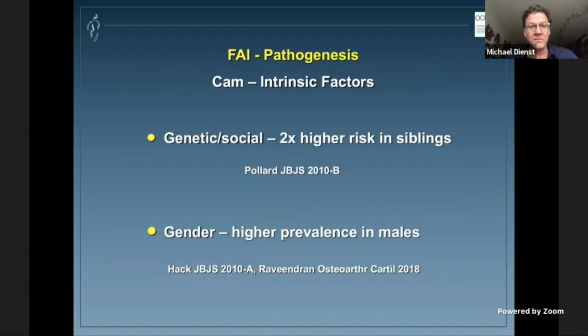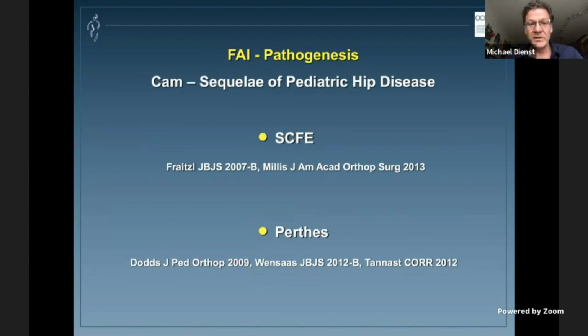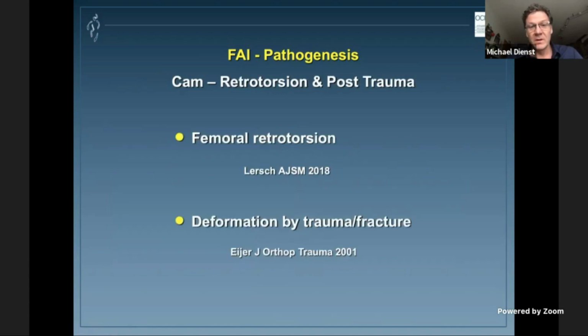There are other factors responsible for development of a cam deformity. There are some indicators that we also have genetic, social factors, a higher risk in siblings. Generally, there's a higher risk for cam prevalence in males. Sequelae of pediatric hip disease, SCFE for example, and Perthes disease.